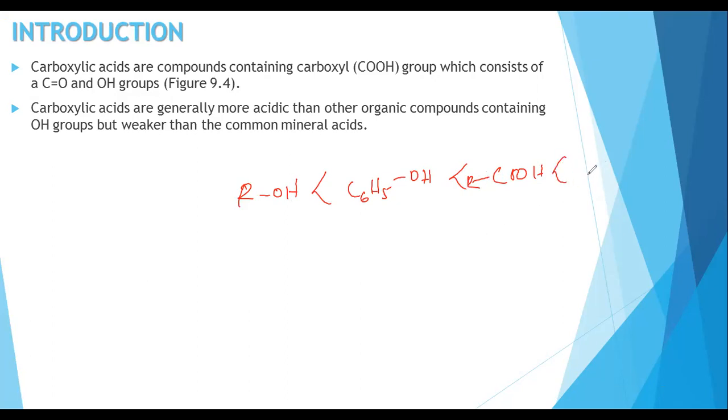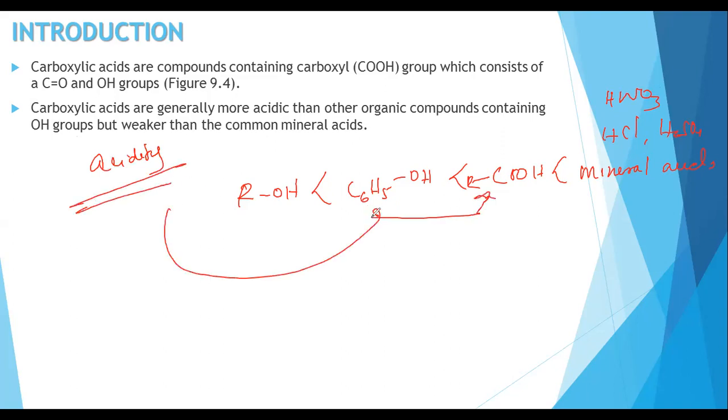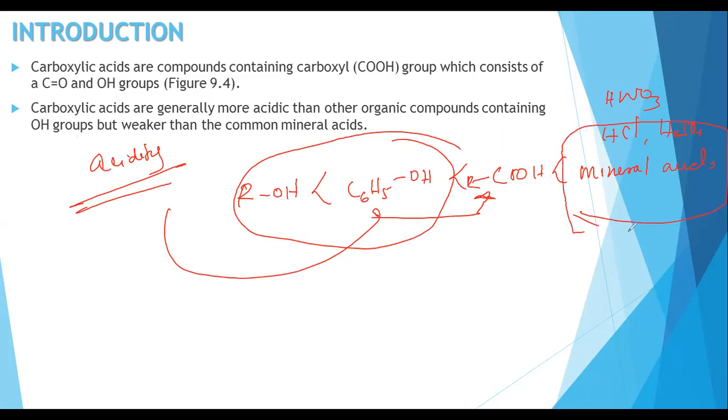But this acidity is less than the mineral acids. What are your mineral acids? HCl, H2SO4, the acids we usually use. So when you speak about acidity, your carboxylic acid is comparatively higher than your alcohol or OH-containing organic groups, and it is less than the mineral acids. Right. Okay.